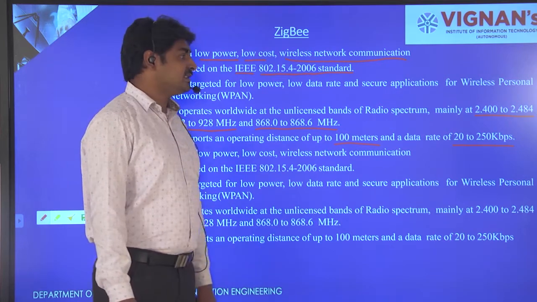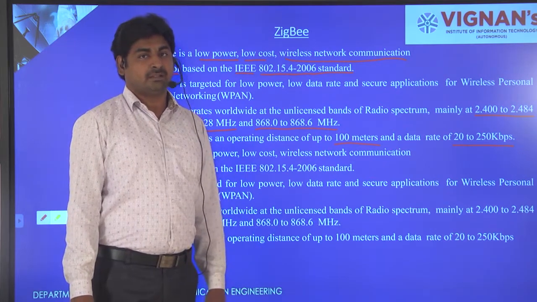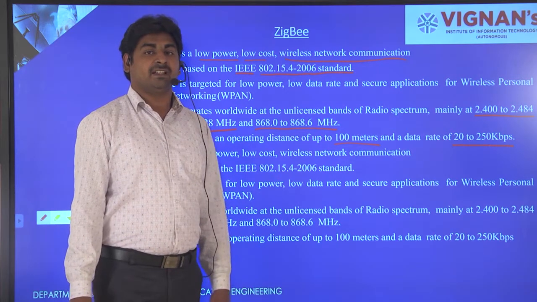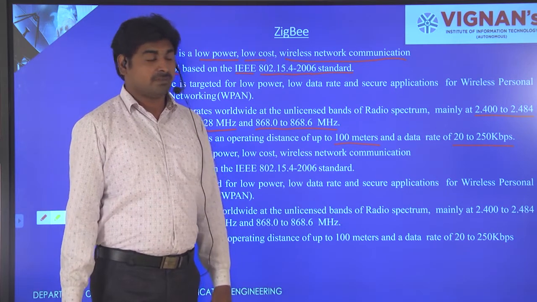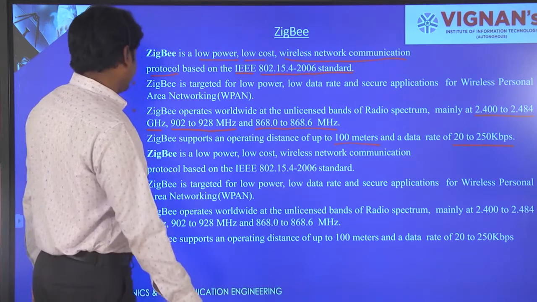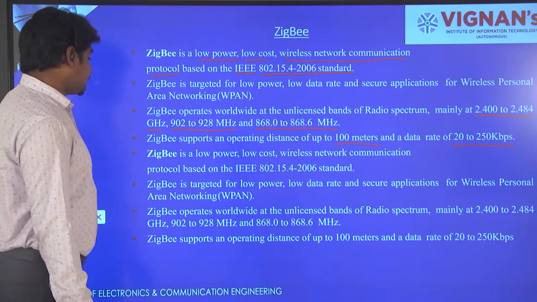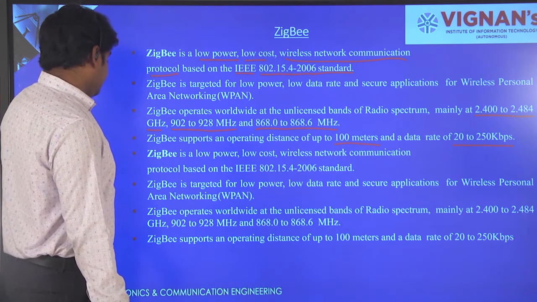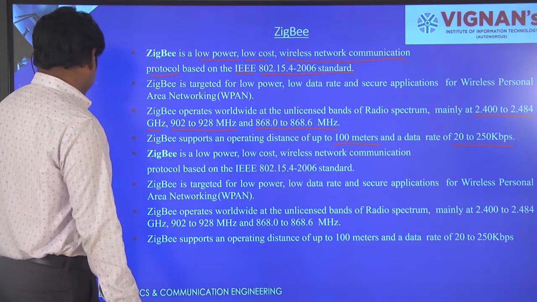So the disadvantage here is that the data rate is quite low. In Wi-Fi we have 150 megabits per second, but here the data rate is 20 to 250 kilobits per second.